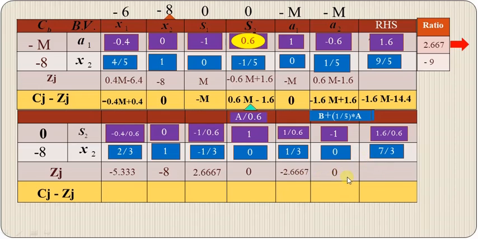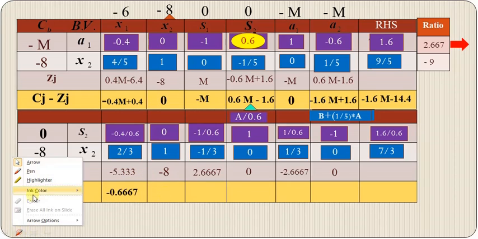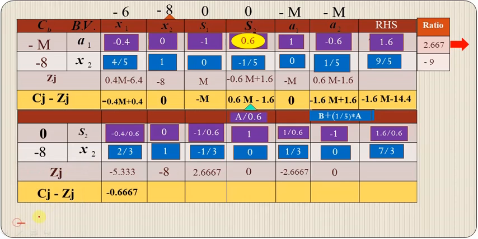Okay. Now forget about RHS. Then we will calculate Cj minus Zj. Now Cj minus Zj means minus 6 minus 5.333, so we will get minus 0.6667. I repeat, if you want to calculate, you can write minus 6 minus, minus plus 5.333, so we'll get 0.6667.